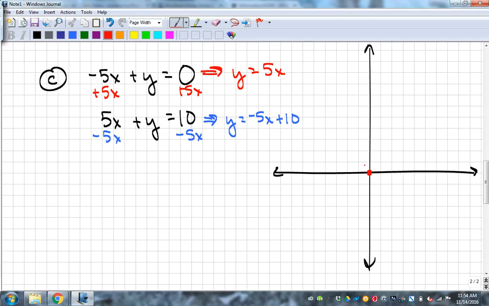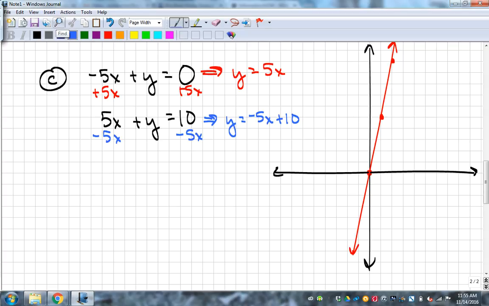What's the slope? y equals 5x. What's the slope? 5. So go up 5 over 1. Do one more there. So there's the red line. Get the blue in there.